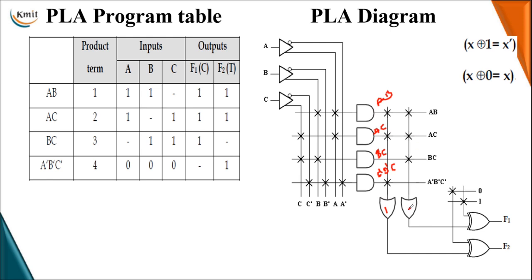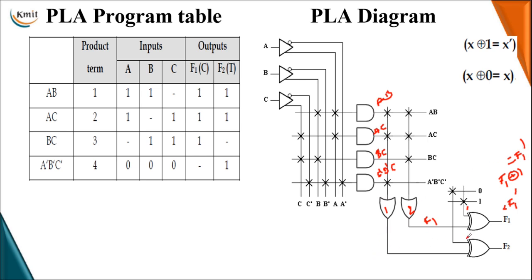Your second OR gate will implement F1, which is AB plus AC plus BC. Here an additional XOR gate is used. One input of the XOR gate is connected with F1, and if the second input is connected to 1, it will implement the complement function. F1 exclusive OR of 1 is equal to F1 complement.